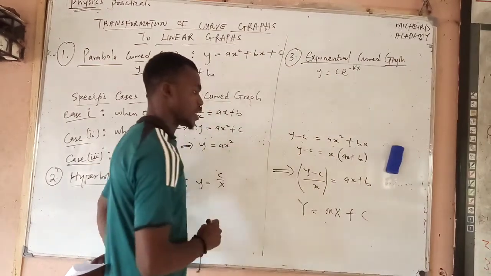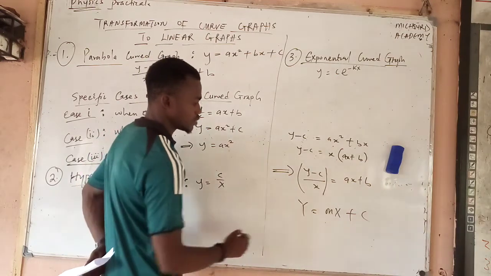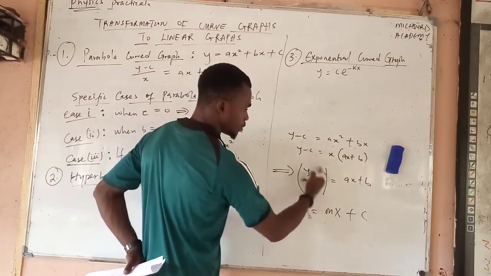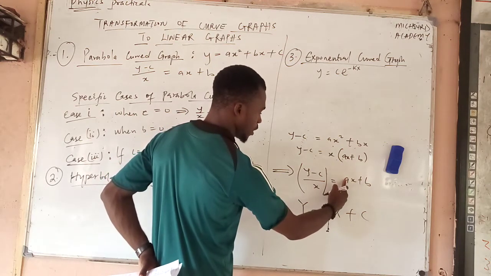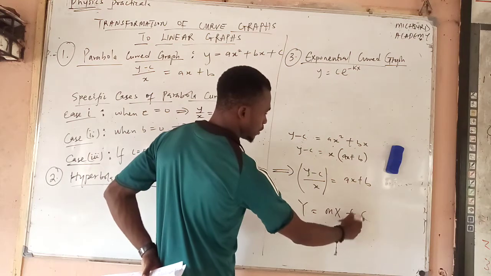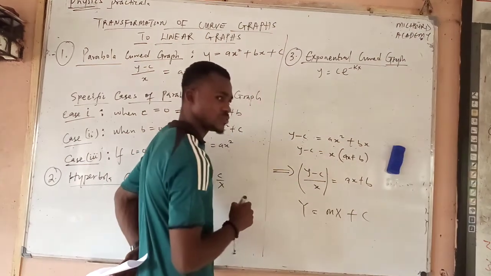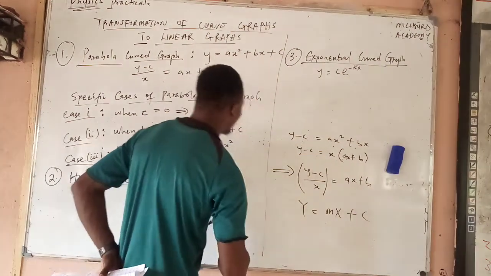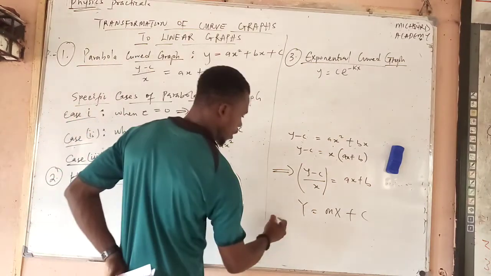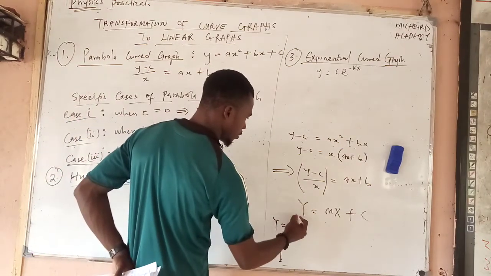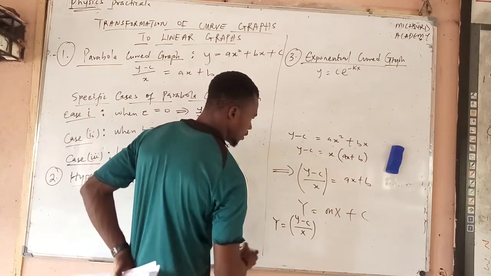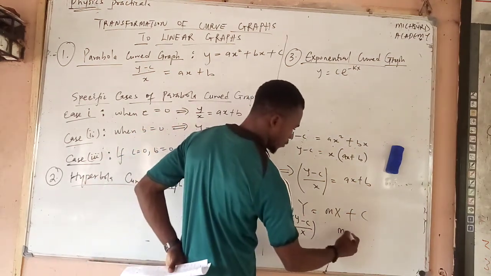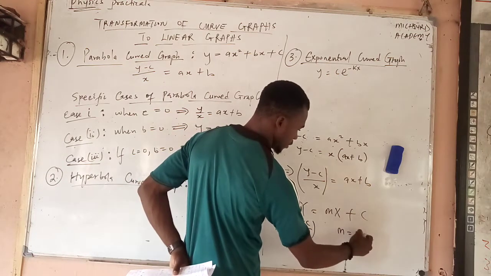Alright, so if you compare this with the equation of a straight line, you see that your y is just corresponding to everything we have here. Then your m is equal to a, that is the slope. Then c is equal to b. So we are having here that our y is going to be y minus c all over x. Then our slope here will be equal to a.